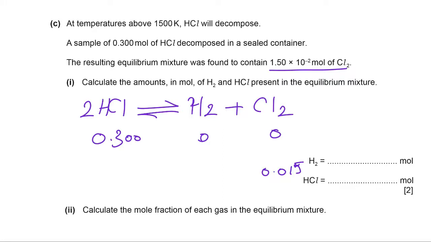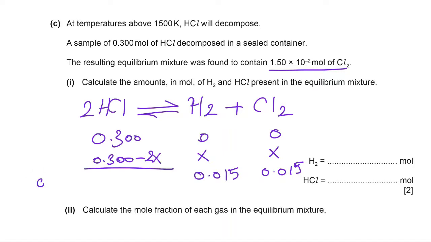Okay, why? Because this one is 0.300 minus 2x, and this one x, and this one x. So x is equal to 0.015. So this one will be the same. What about this one?